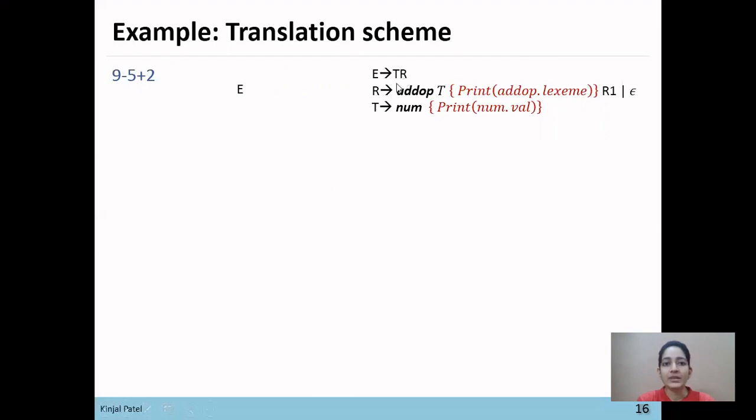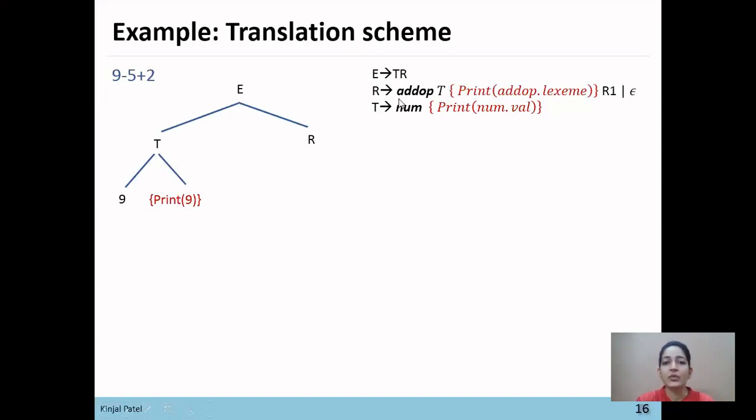So E derives TR, and from this T, the number will get executed. So T derives number and prints that number. So here the first number is 9. So the reference of that 9 and the translation scheme of that 9 means the 9 will get printed in this translation scheme only.